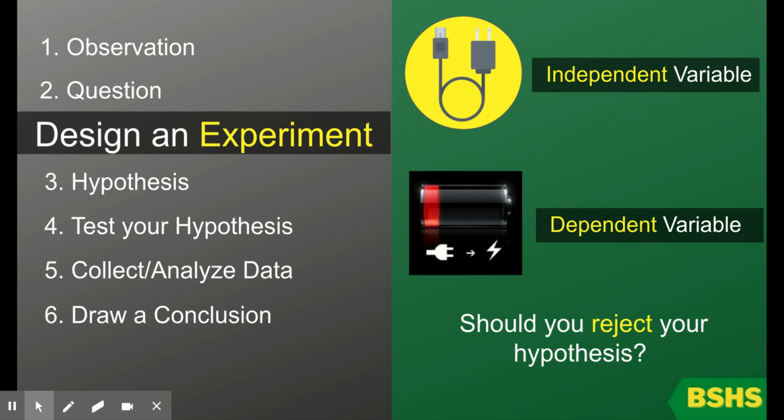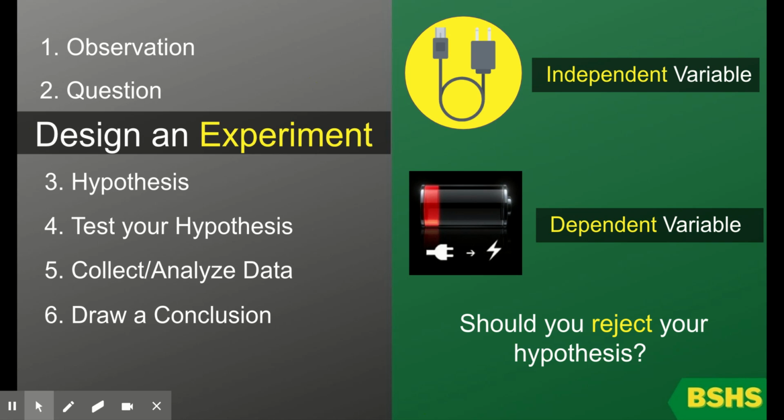The battery's still dead. So based on that data, you then should draw some conclusion. Okay? And so what do you think? Should we reject our hypothesis, or do we fail to reject it? What do you think? Our hypothesis was that the charger was the problem. So if we replaced it with a new one, then the battery would charge.